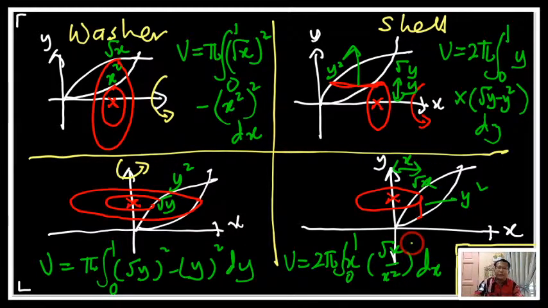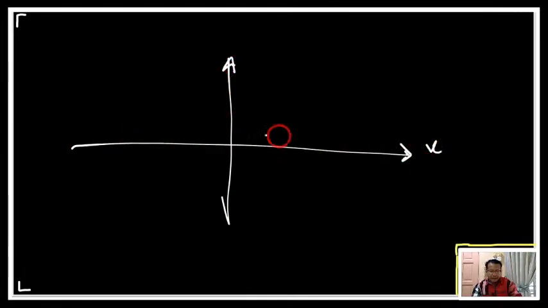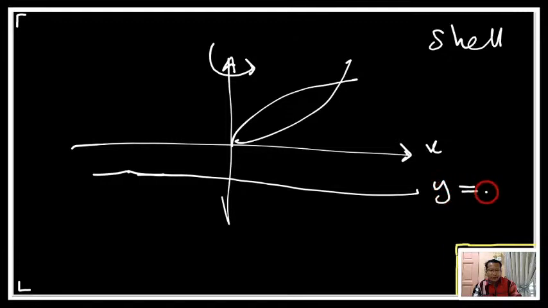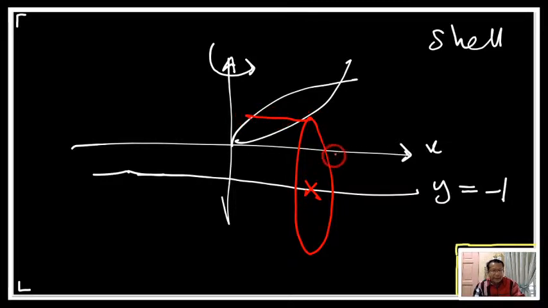What if I move this one? This one x, I rotate about the y-axis. This one is shell. I have this. I have this. But now the rotation is about y equal to minus 1. What to do? Okay. So you have the circle. Circle now, this is the center. Circle, this is the height.